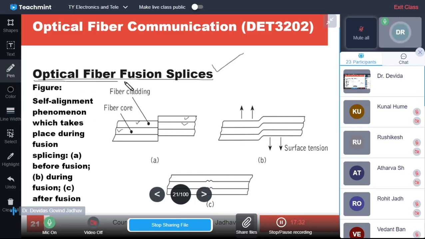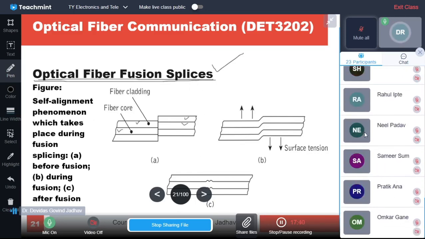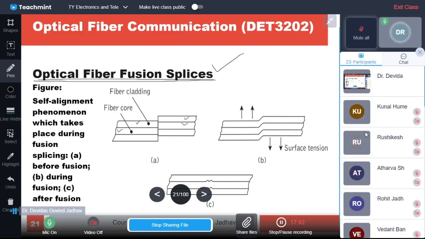The optical fiber fusion splicing is carried out, in which the splicing is achieved automatically. How?